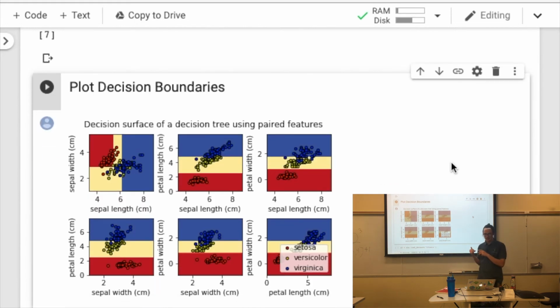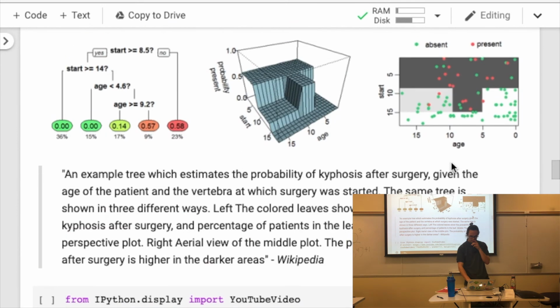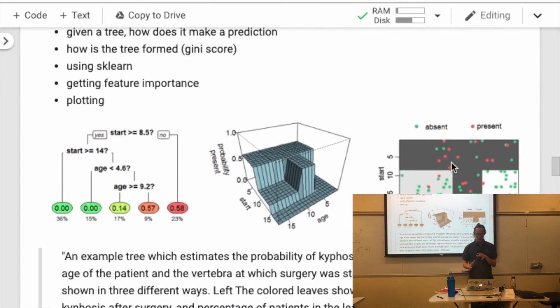So remember last time, decision trees pretty much break your feature space into rectangles because of the questions they ask. Here, maybe the first question is, what is this, probability present?